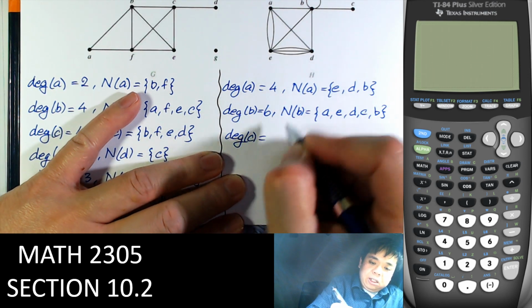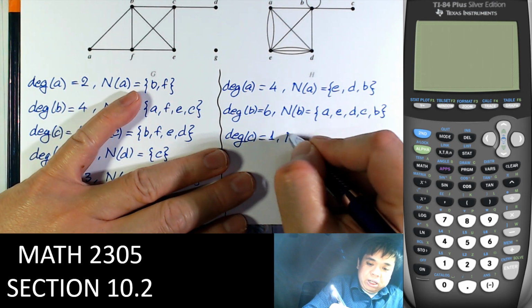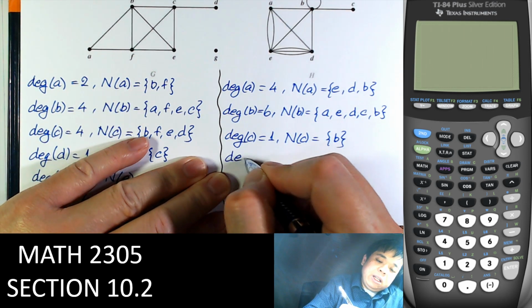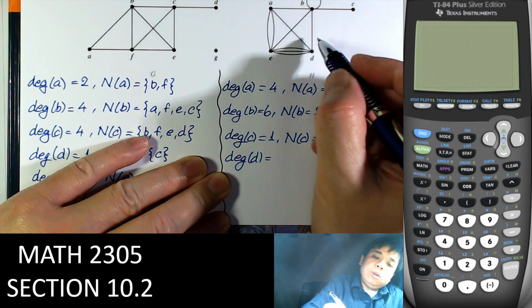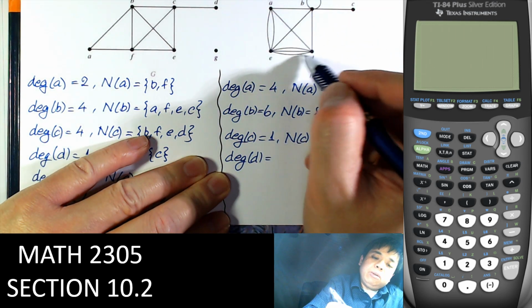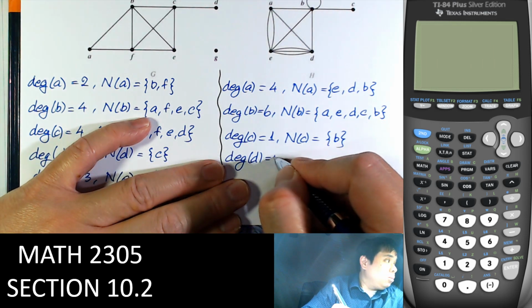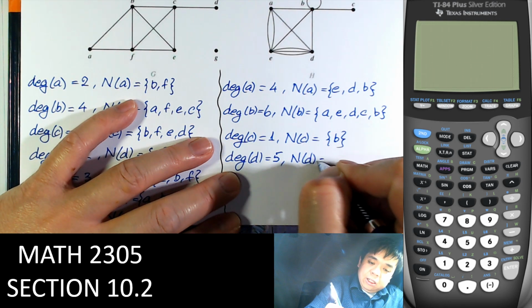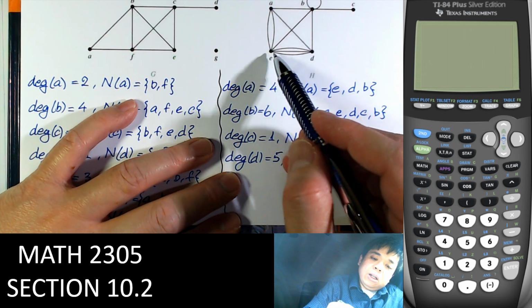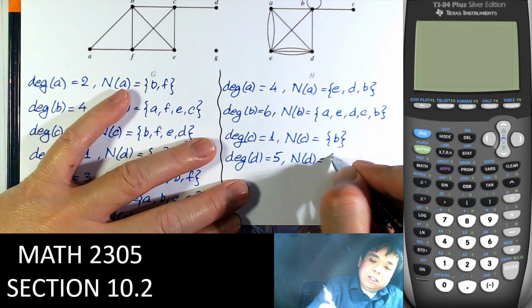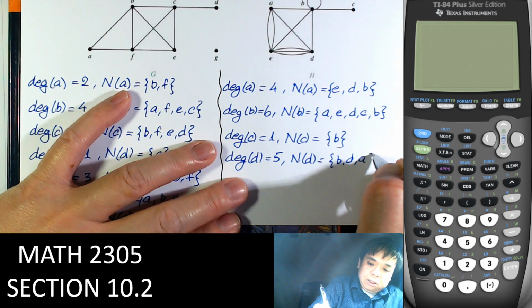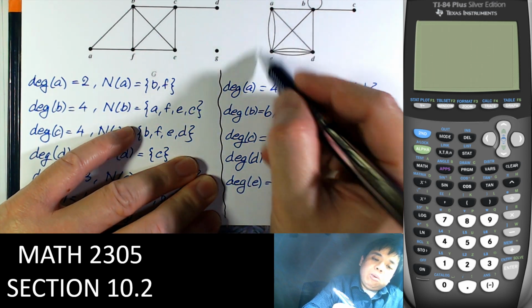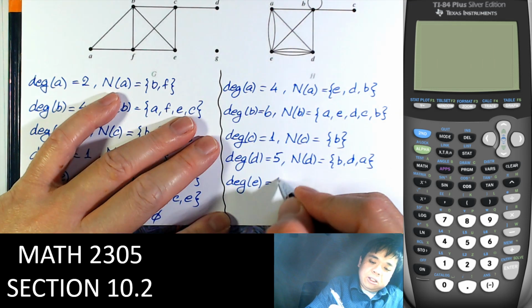Degree of C, 1. Only connects to B. Degree of D: 1, 2, 3, 4, and 5. Neighborhood of D: E, B, and A. Degree of E: 1, 2, 3, 4, 5, 6.